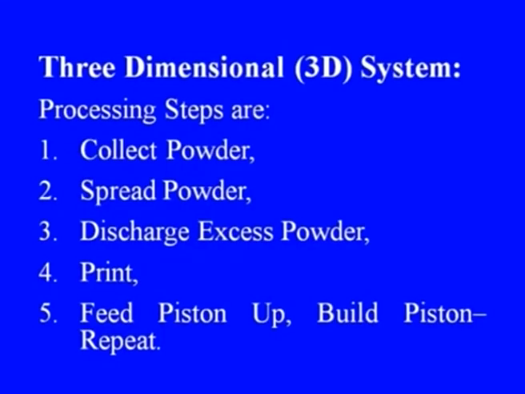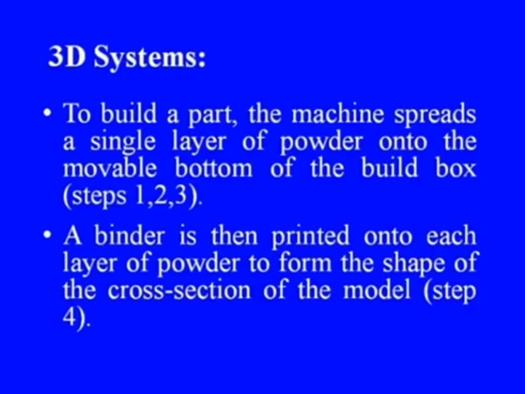In this 3D process of rapid prototyping system, the first step is to collect the powder, spread the powder in a desired shape, then discharge excess powder, then print, and then feed piston up, build piston, and we have to repeat the system. In this system, to build a part, the machine spreads a single layer of powder onto the movable bottom of the build box.